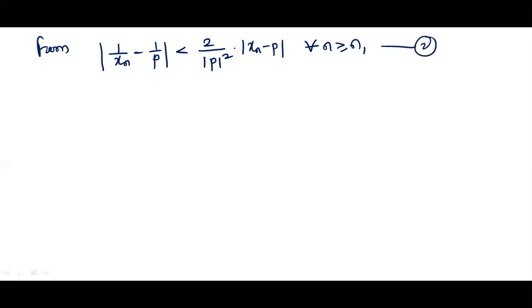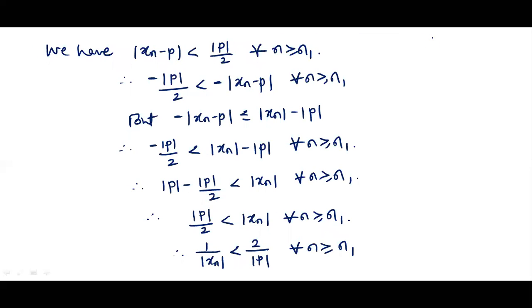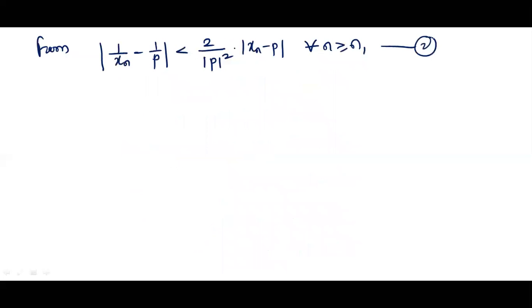Call this as 2. Yes, 1 is true for any natural number n, but 1 by mod of xn less than 2 by mod p is true for n greater equal n1. So this is true for n greater equal n1.